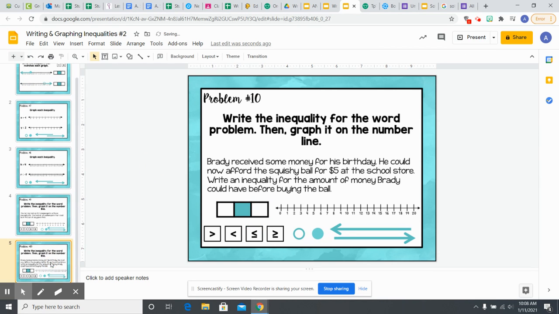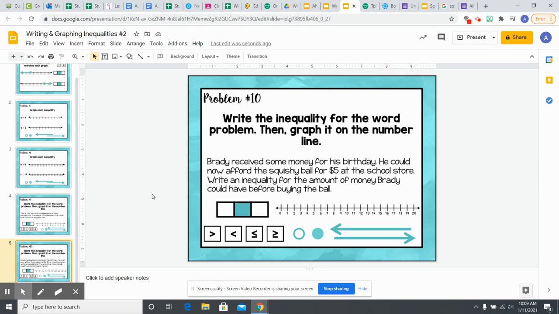There we go. All right, and our last problem, number 10. Same thing. We have to write the inequality for the word problem, then graph it. So Brady received some money for his birthday. He could now afford the squishy ball for $5 at the school store. So write an inequality for the amount of money Brady could have before buying the ball.